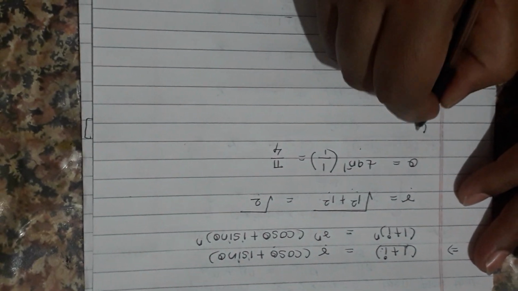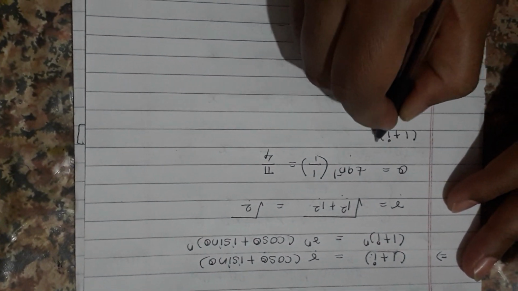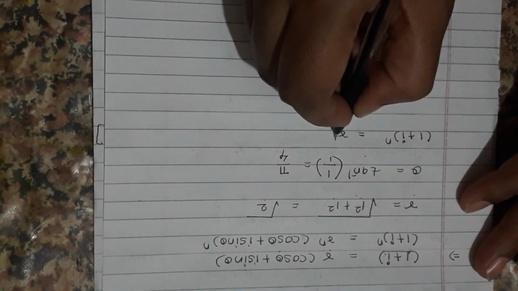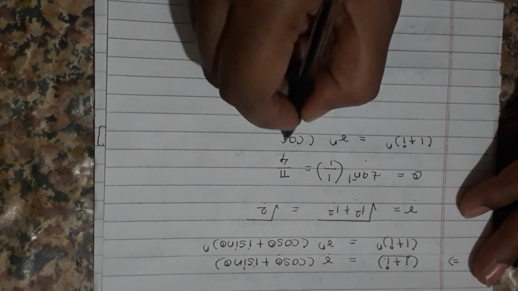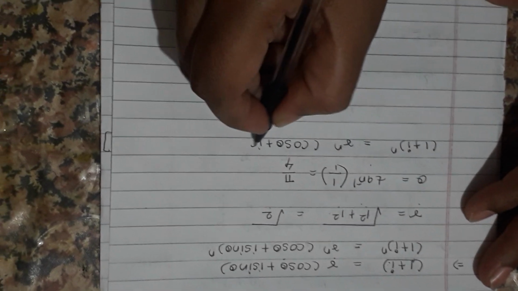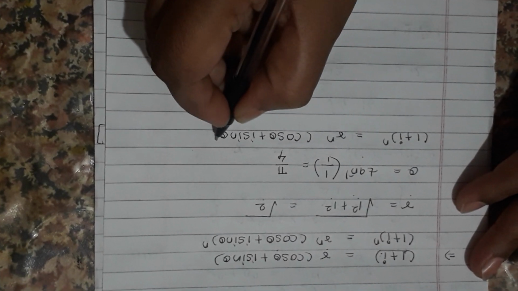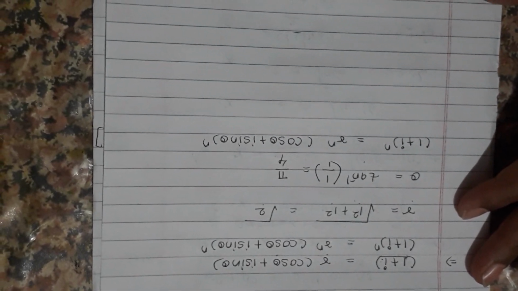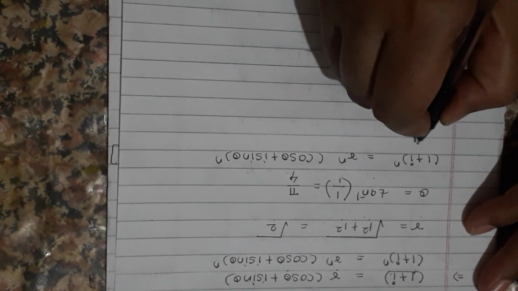Now we consider that term, that is (1 plus i) raised to the power n is equal to r raised to n, into (cos theta plus i sin theta) raised to the power n. And now we apply De Moivre's theorem.